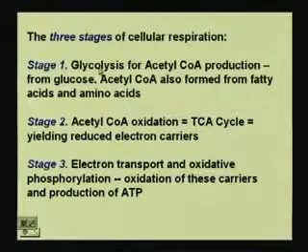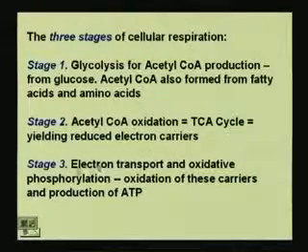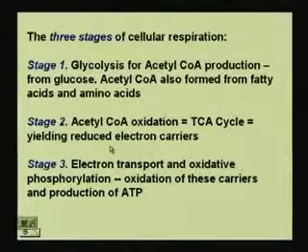We have already seen the breakdown of glucose to pyruvate, and we will see now how pyruvate actually gets to acetyl coenzyme A, that then gets into the tricarboxylic acid cycle, which eventually leads to the production of carbon dioxide. And we have already considered the third step, where we have electron transport and oxidative phosphorylation that leads to the production of ATP.